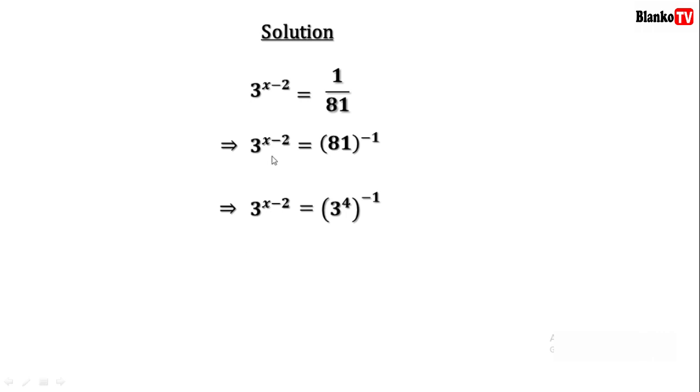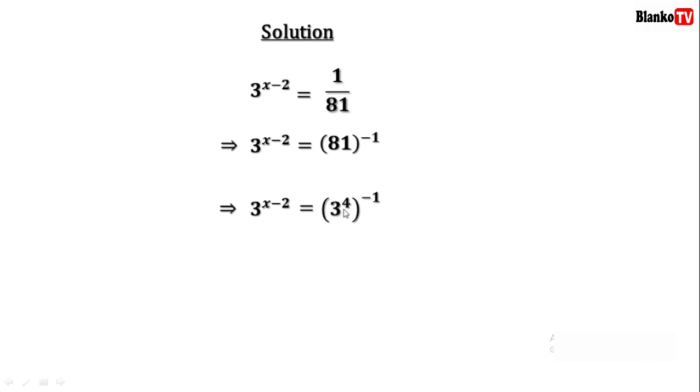Okay, so now 81 raised to the power negative 1 has now become 3 raised to the power 4. 3 raised to the power 4 is the same as what? 81. We are breaking it so that we can get a common base. I hope you are following it.